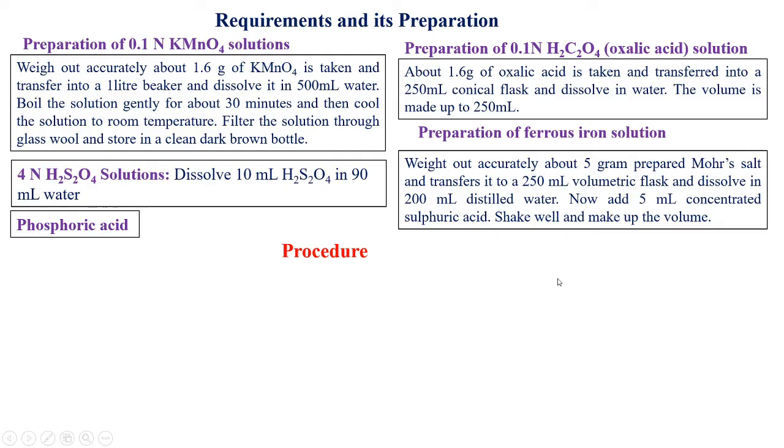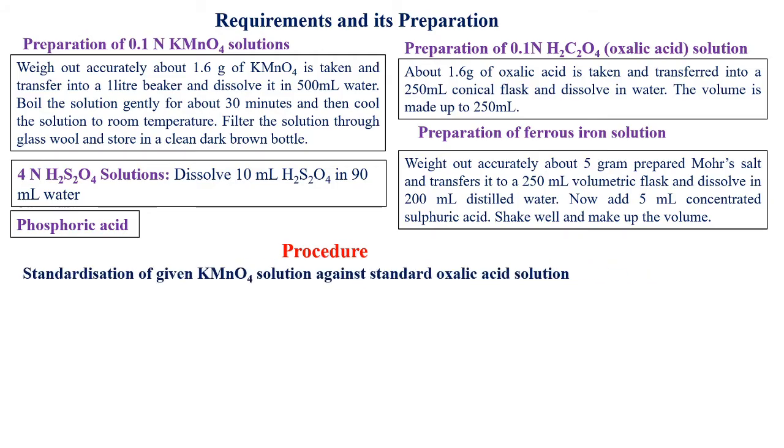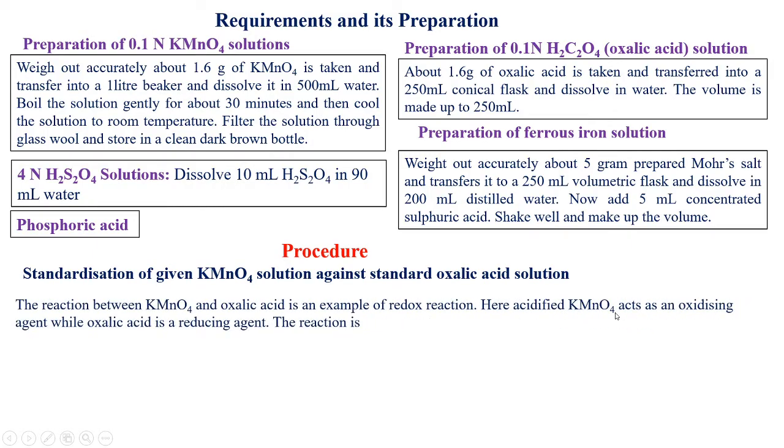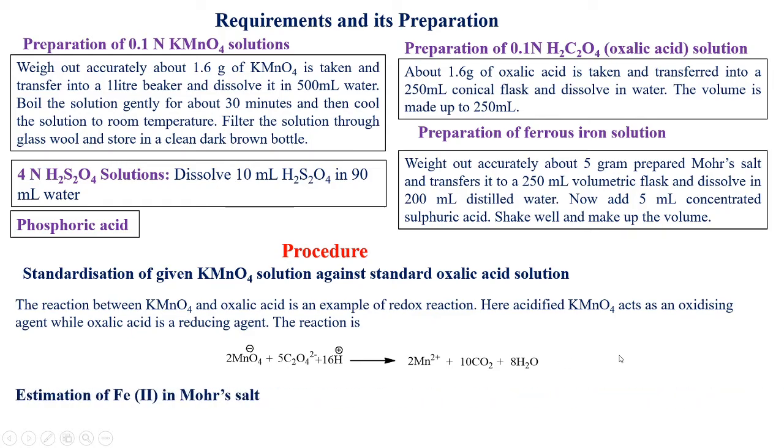Now I go into the procedure of the practical. The first procedure is standardization of potassium permanganate solution against standard oxalic acid solution. It is also one oxidation reduction reaction. The reaction between potassium permanganate and oxalic acid is this. The next procedure is estimation of iron 2 in Mohor salt.